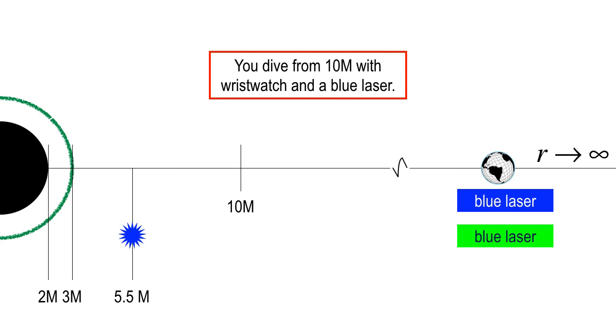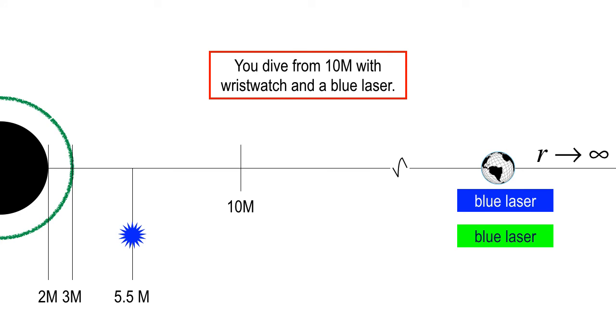So you might still be okay at 5.5 m. All right. So you're at 5.5 m. You're just kind of sliding through there, heading towards the black hole, and you shine it into your hand, and yeah, blue. It's still blue. So for you, it's blue.